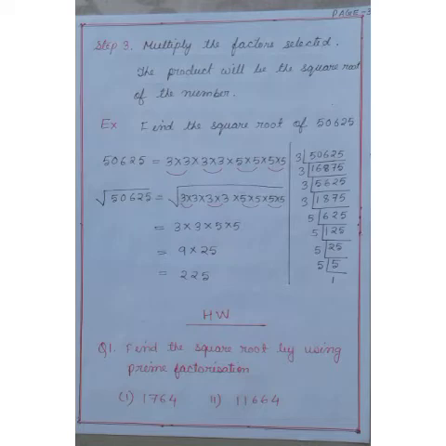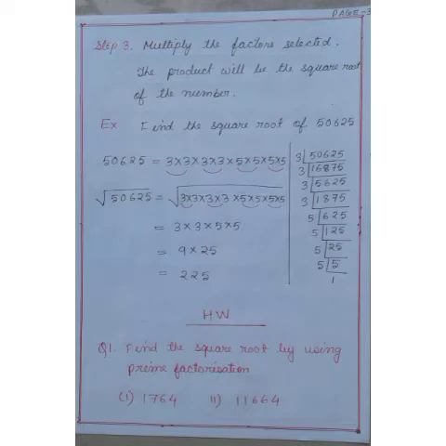So here, 50625, we can see that it is divisible by 3. By looking at the number, you can tell whether a number is divisible by 3 or not. How? You have to add the digits.